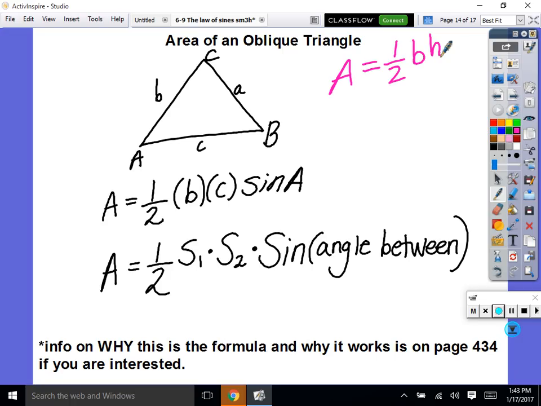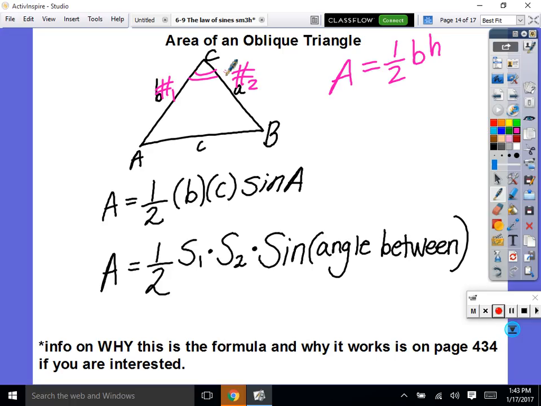You have to be given side 1, side 2, and then the angle between. It has to be the angle between to be able to find the area. So that's how I think of the area formula for a non-right triangle: 1/2 times side 1 times side 2 times the sine of the angle in between those two.